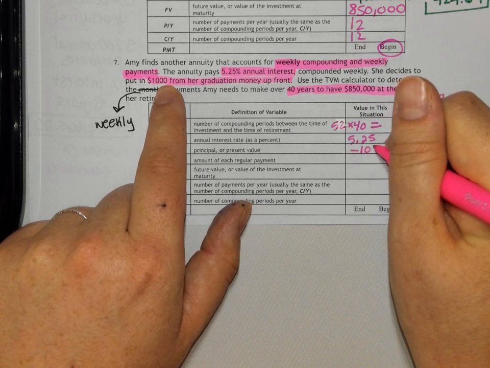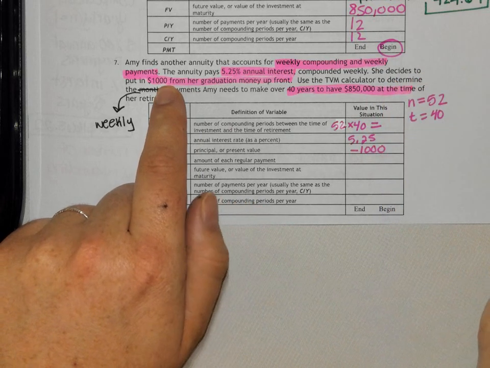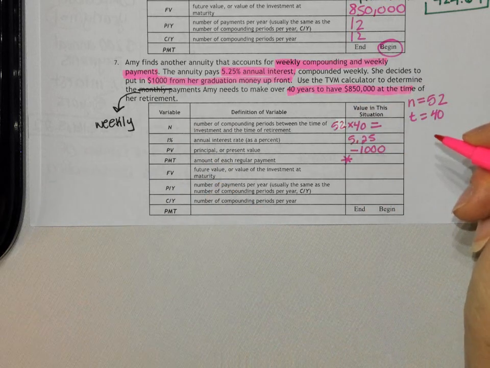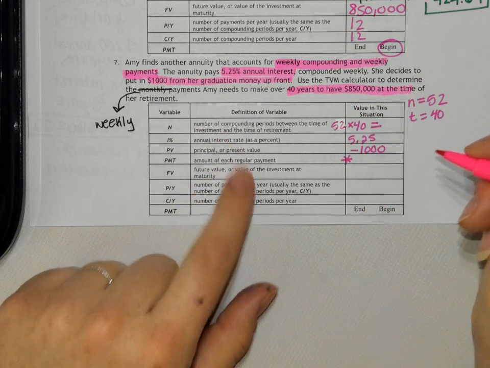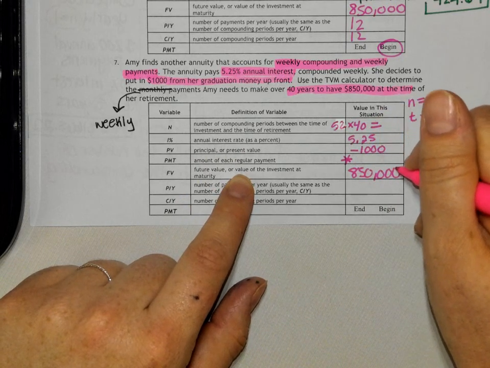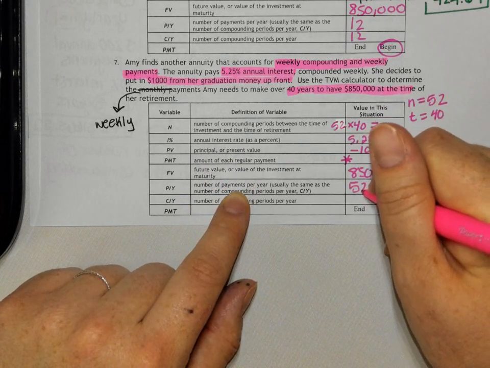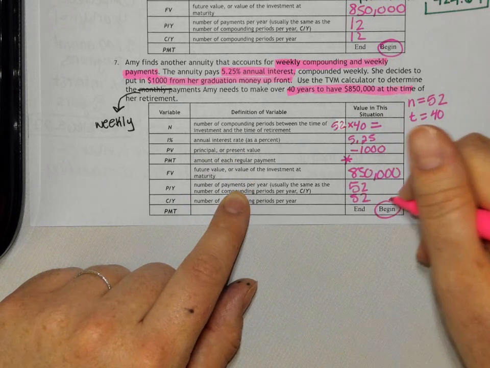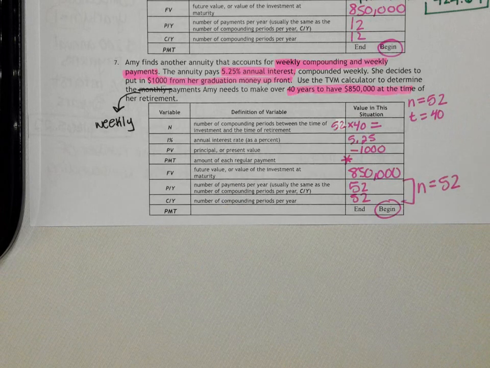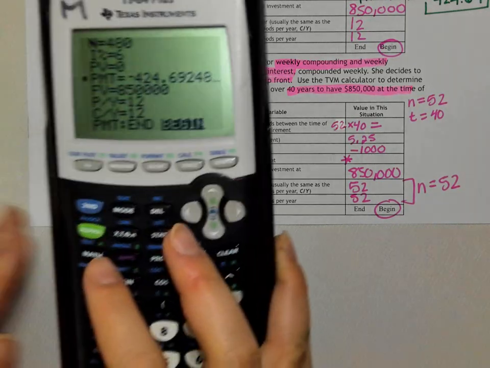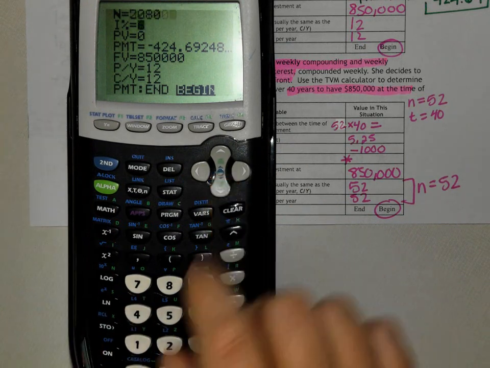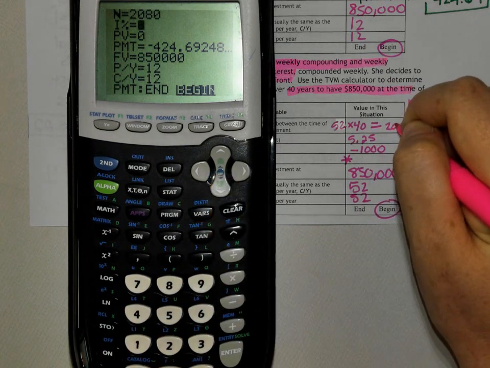We're making a $1,000 initial deposit. PMT, I'm going to come back to this because that's what we're solving for. Future value, we want to be $850,000. And then both of these would be 52. They match whatever your N is. So 52 times 40 gives us 2080.